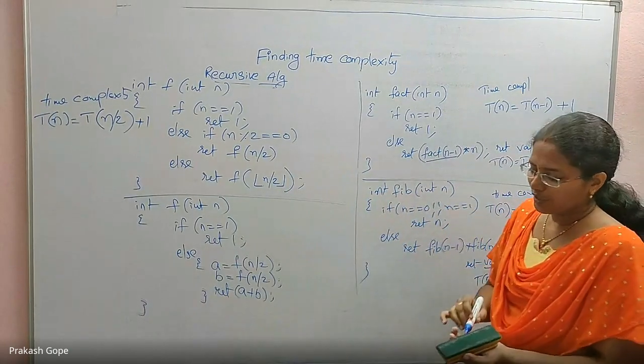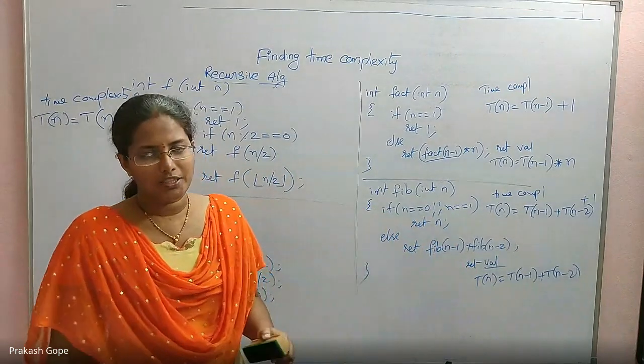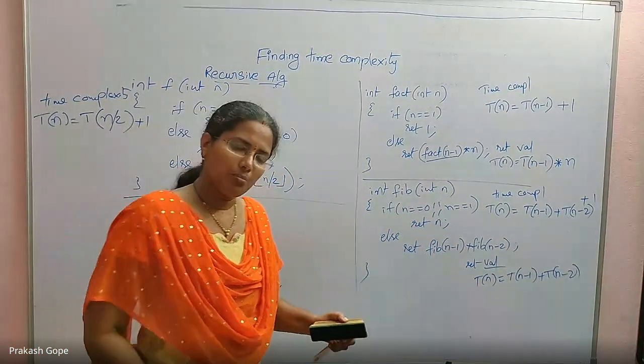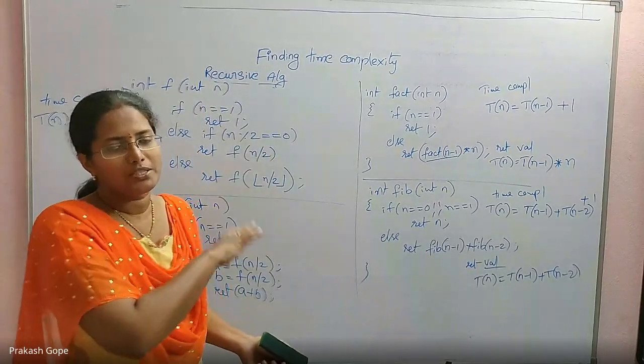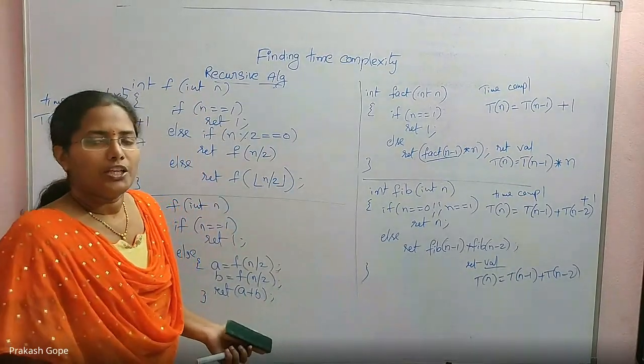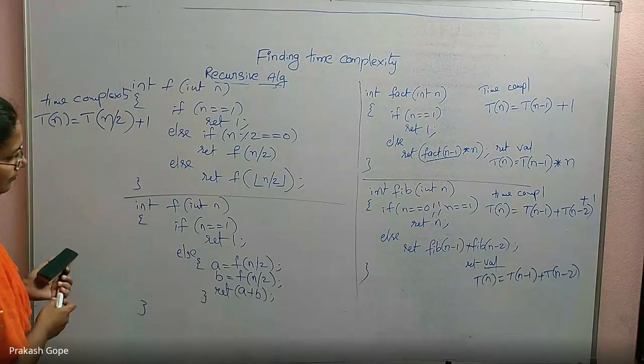But if I write plus 1, it will match your pattern when you are learning the master's theorem. That's why I'm writing plus 1 always. Plus C, plus K, plus 1, anything is okay, so that it matches with your master's theorem formula. Even if you do not write it, it doesn't matter.